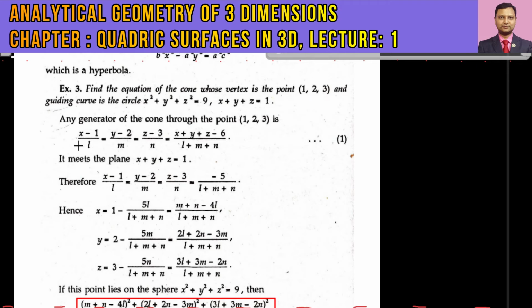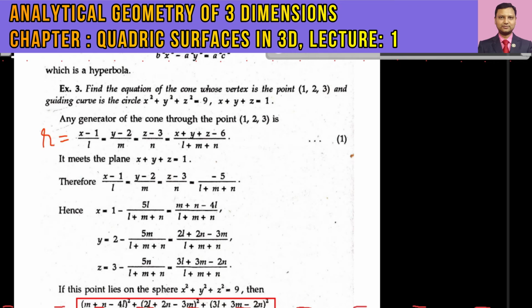So we can say that x minus 1 by l, that is equal to y minus 2 by m, that is equal to z minus 3 by n. That would be the equation of the generator. If you do not know, you can simply consider this one as equal to r.